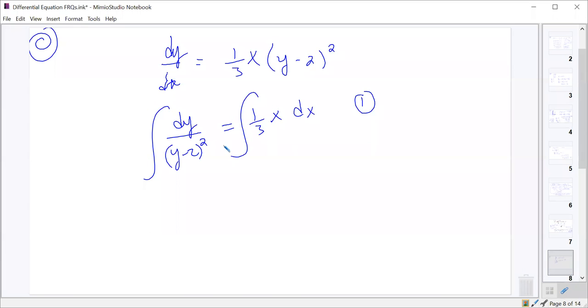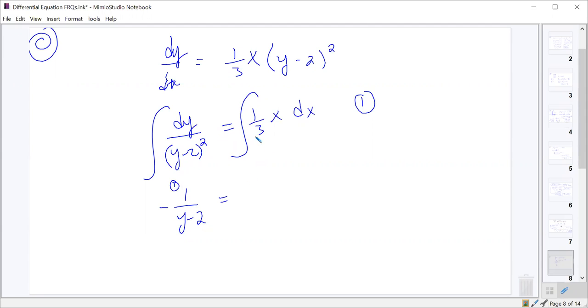Then you integrate both sides. Integrating both sides correctly gives you 2 more points. So the integral of (y minus 2) to the -2 is just u to the -2. And since the coefficient on the y is a 1, that u substitution ends up being really easy. It just becomes -1 over u. So we end up with -1 over (y minus 2). That's worth a point.